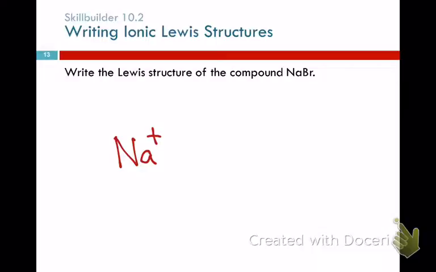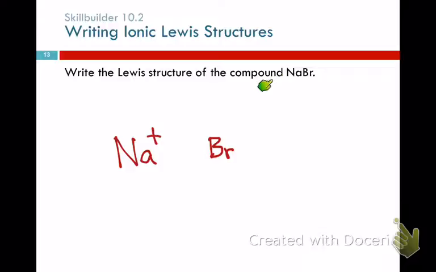What's bromide going to be? It's going to be Br minus, right? So I'll write Br. How many electrons for Br? 7. So Br minus would be 8, right? Yeah, because it's an ionic compound, sodium bromide.